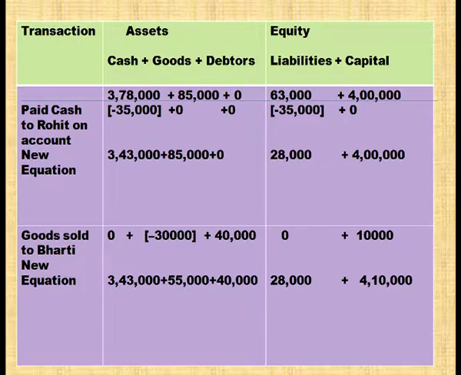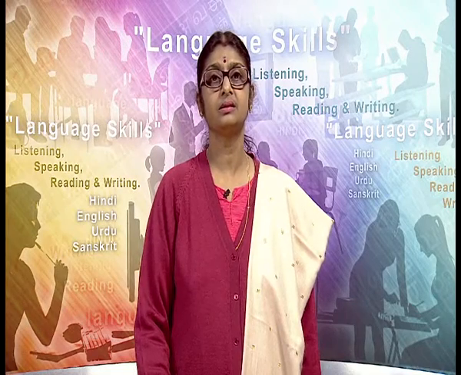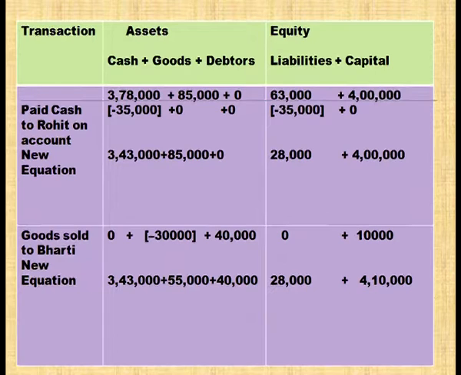Goods sold to Bharti. Cost price 30,000. So 30,000 is deducted in the goods column and it is sold on credit. Debtors increase, plus 40,000 in the debtors column. 40,000 minus 30,000, that is selling price minus cost price, will give 10,000. It is a profit. Selling price is more than the cost price. So profit is added with the capital.